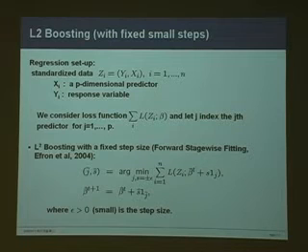So I think it was Jerry Friedman's idea that you shouldn't do the line search. You should take a fixed step because you're doing shrinkage, and just take more cautious steps. Then you have what is called forward stagewise fitting, which is a discretized version of gradient descent with a fixed step. So you're doing component-wise gradient descent, but you don't take a full greedy line search step. You do a fixed step.